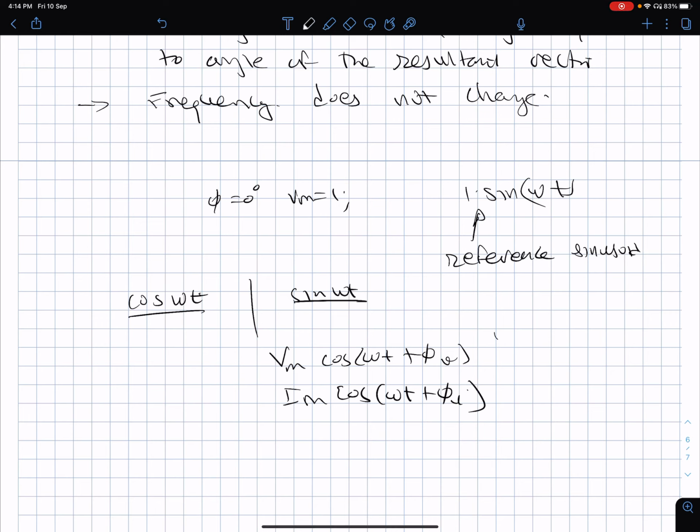Now in this kind of description, the 1 cos omega t is automatically, by default, the reference waveform, or reference phasor, as I will call it later on.